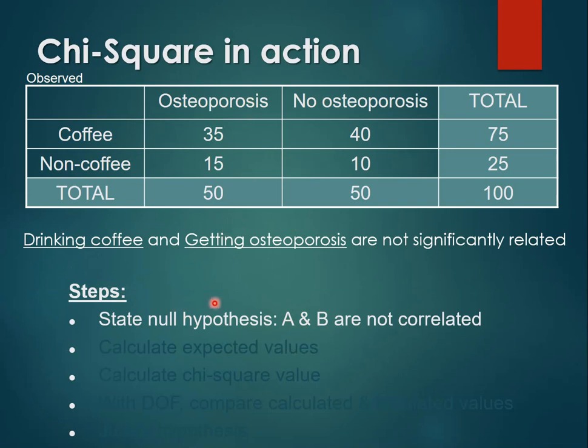So our null hypothesis would be drinking coffee and getting osteoporosis are not significantly related. This is our null hypothesis. So we want to check whether this hypothesis is true or false.